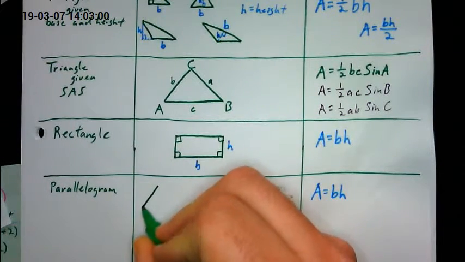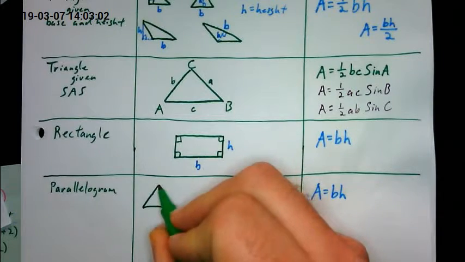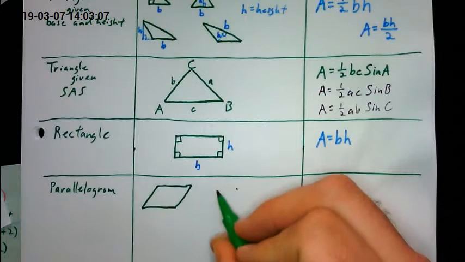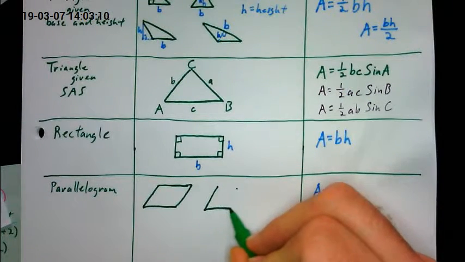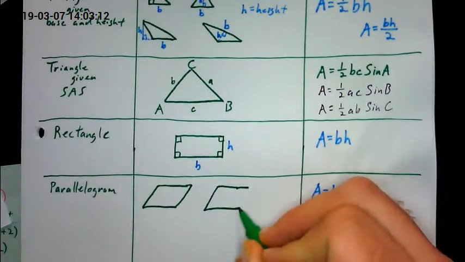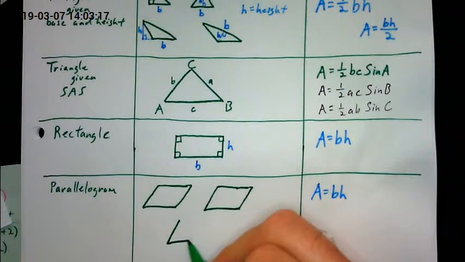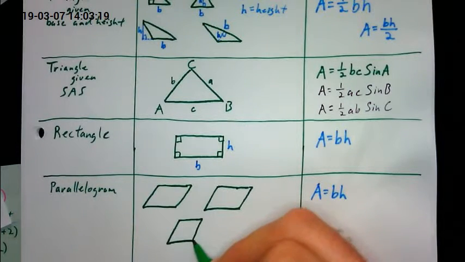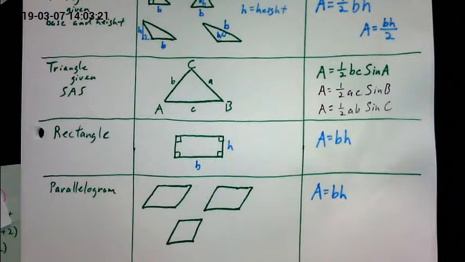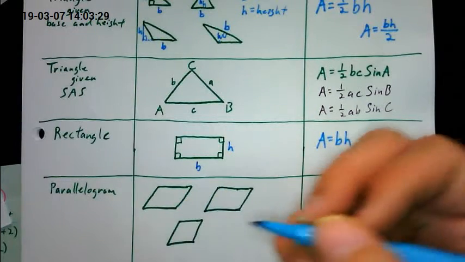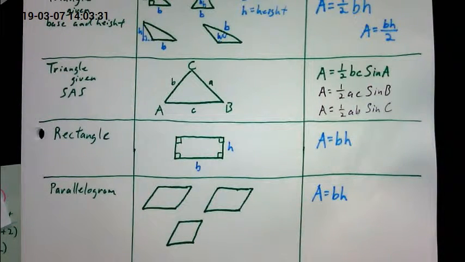So I'm going to show three different setups because they can show this a couple different ways. So I'm just drawing the same parallelogram a couple times here. So the problem with all parallelograms that aren't rectangles is the sides are not perpendicular.